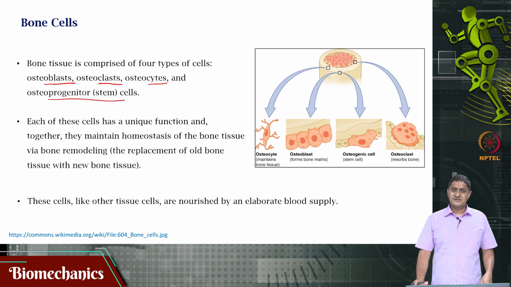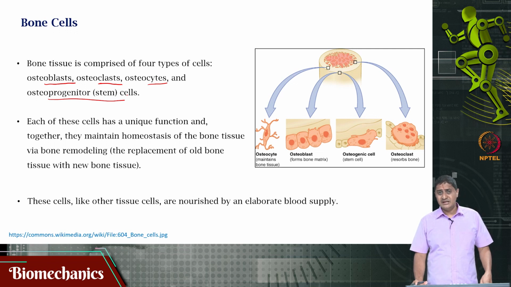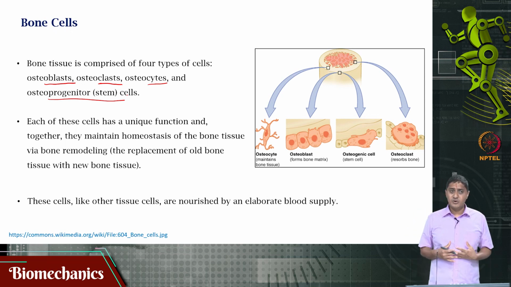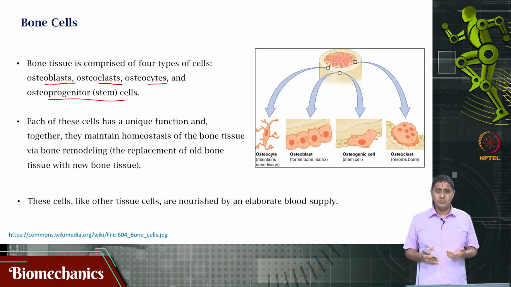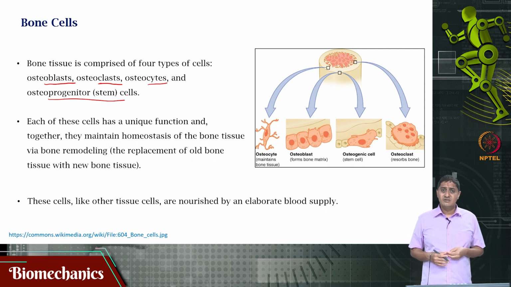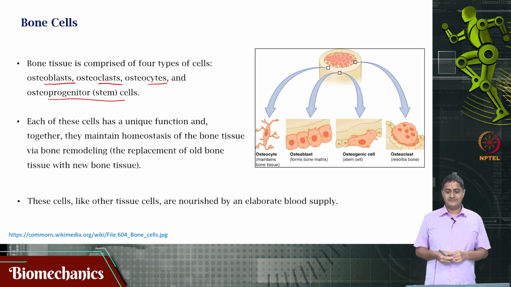These 4 types of cells, each of them have a unique function, and together they function together to maintain the homeostasis of the bone via remodeling of the bone, replacement of old bone tissue with a new bone tissue. Remember what is homeostasis. If you still do not know what is homeostasis, please check what is homeostasis. Okay.